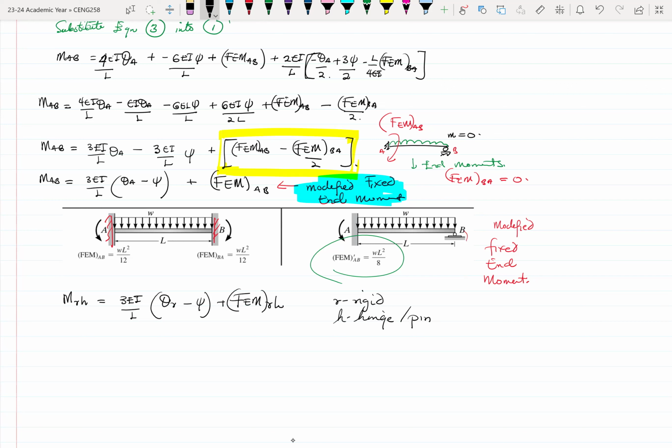So the rigid end means it has a fixed end, or fixed support. All right. And this becomes a modified version of the slope deflection equation. And let's see how it works.